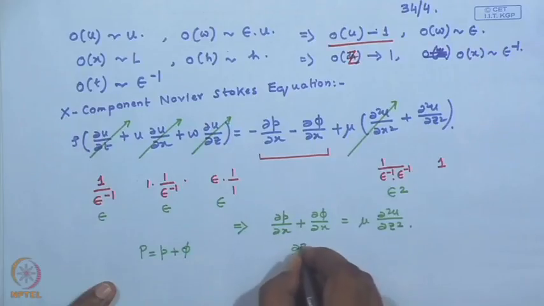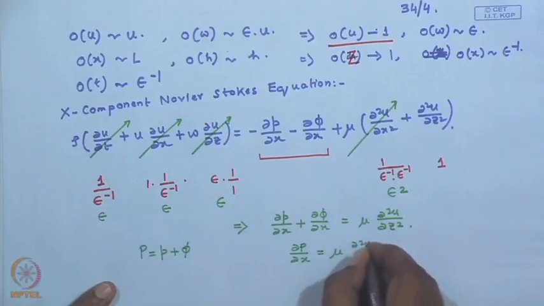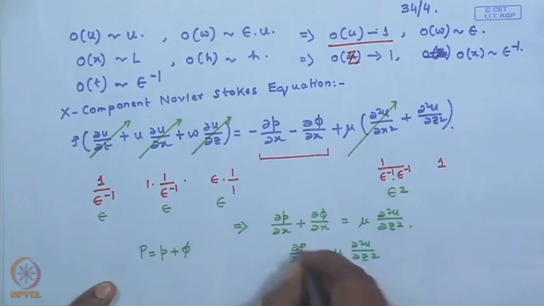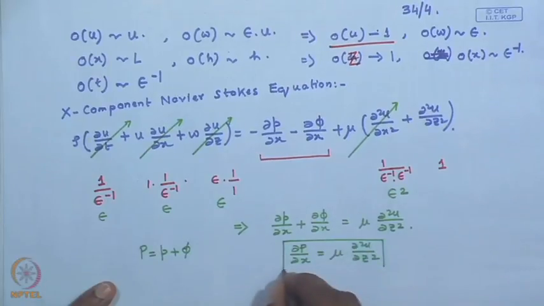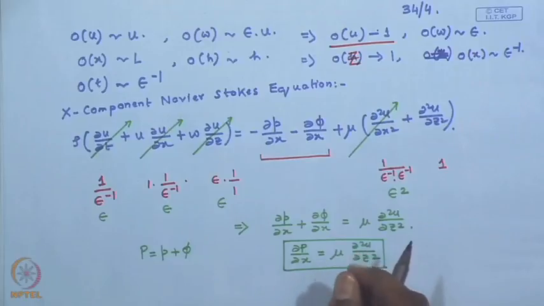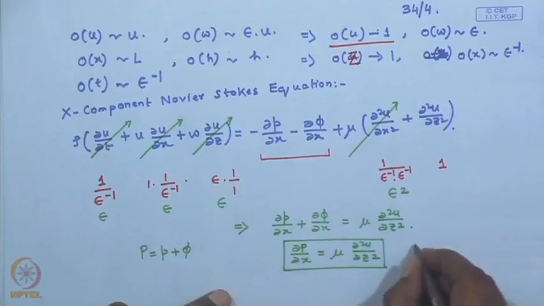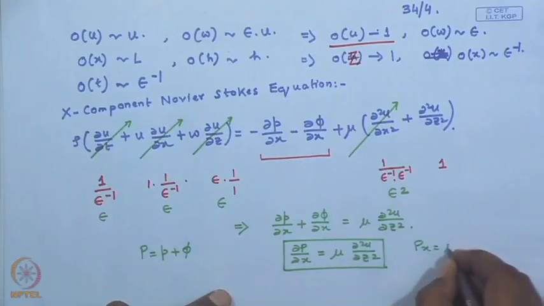Therefore, the equation takes this shape of del P, del capital P del x is equal to mu del 2u del z square, or in a compact form one can write P x is equal to mu u z z.